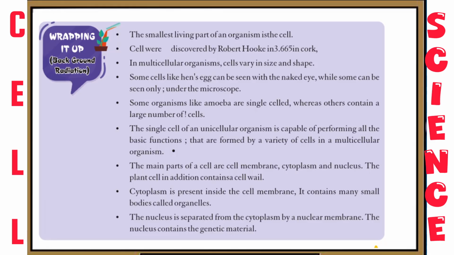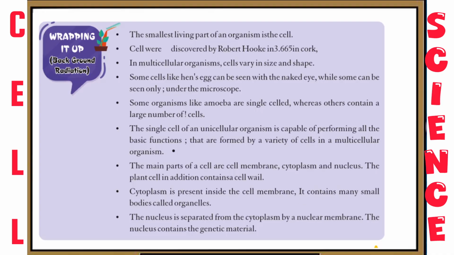Let's see some points. The smallest living part of an organism is the cell. Cells were discovered by Robert Hooke in 1665 in cork. In multicellular organisms, cells vary in size and shape. Next, some cells like a hen's egg can be seen with the naked eye, while some can be seen only under the microscope.